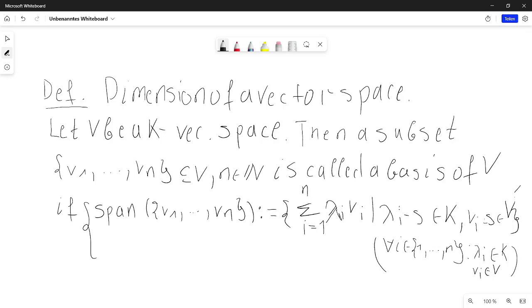Oh, that is in V, but we want that every element in V should have such a representation, so a linear representation in terms of these vectors, right? Why linear? Well, you recall a linear function ax, on R, and here we just add those linear functions.